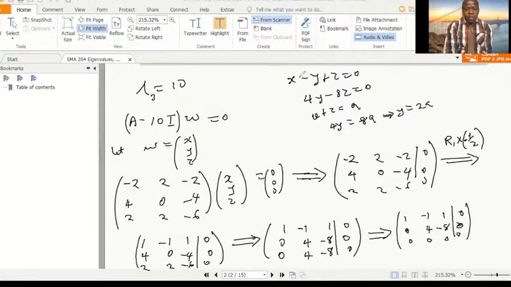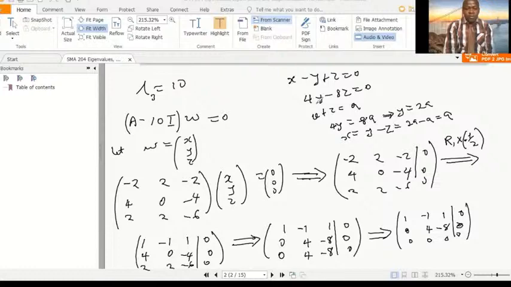Now let's go to the first equation and find x. X will be y minus z. But what is y? 2a. What is z? z is a. That means that x is also a.